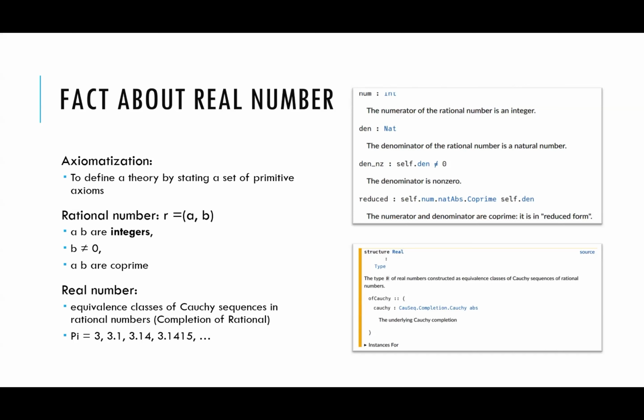In mathematics, we first specify a small set of propositions or variables. We call them axioms. We assume them to be always true. On top of these primitive axioms, we build all our lemmas and theorems. However, in Lean, it is very crucial how you choose this set of primitive axioms. If you choose axioms from different sets, you can derive all the theorems and lemmas, all the facts about this theory.